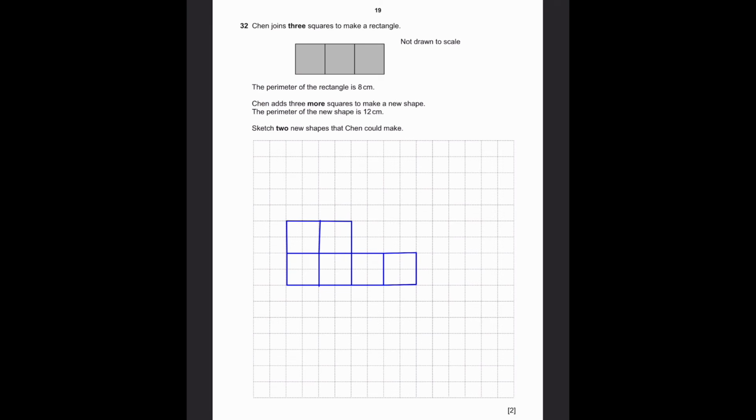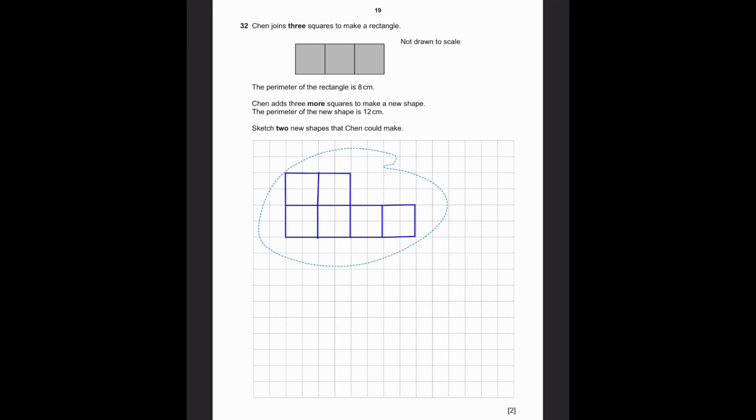And the second one we can draw, once again using trial and error. Okay, I'll just move this up a bit since I don't have space for a second one otherwise. Either way, the second one will be drawing the same 3 squares again.